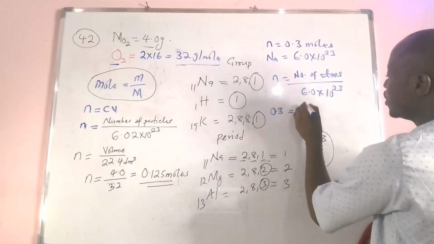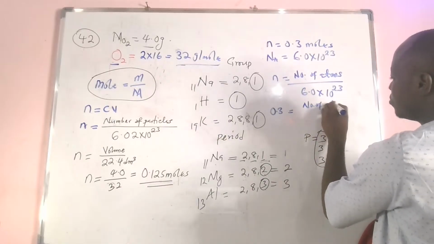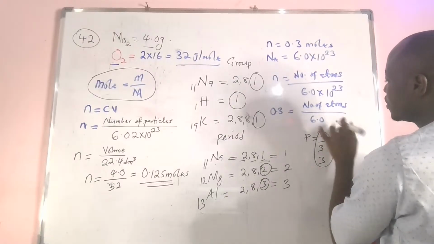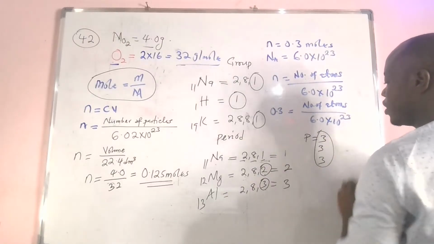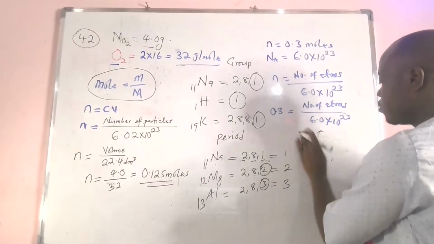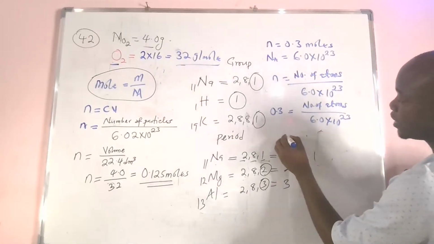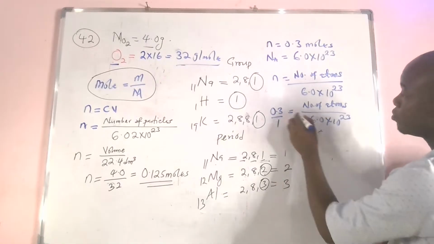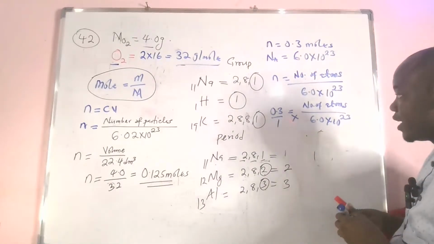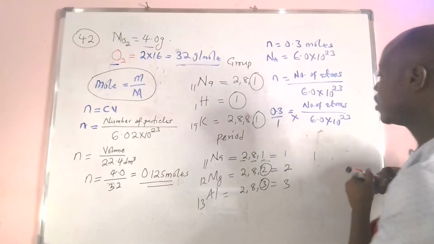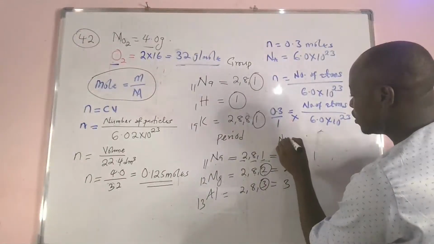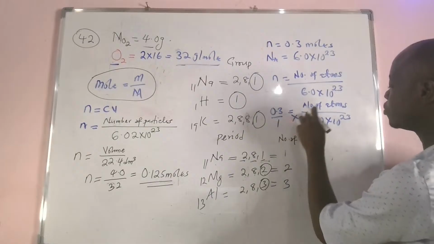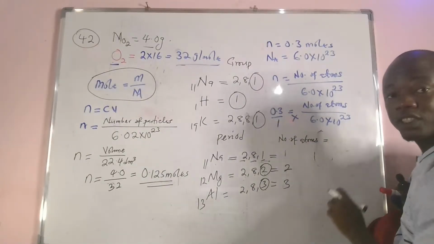Then it's now equal to the number of atoms divided by 6.0 times 10 raised to the power of 23. The next thing we are going to do is multiply by this 6.0 times 10 raised to the power of 23, because here we are doing cross multiplication. So we now have the number of atoms. When you set the number of atoms times 1, it gives the same number of atoms.